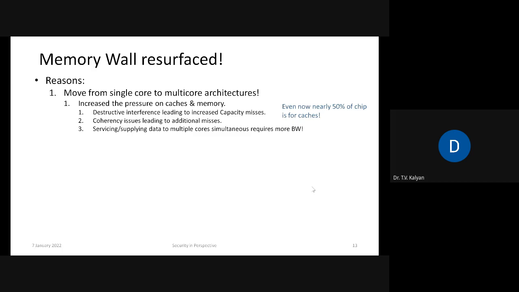So even with this, we still note that almost 50% of our current day processors is devoted to on-chip caches like L1, L2, and L3. Along with this movement from single core to multi-core, the other thing that affected the memory wall was the nature of applications itself, right?